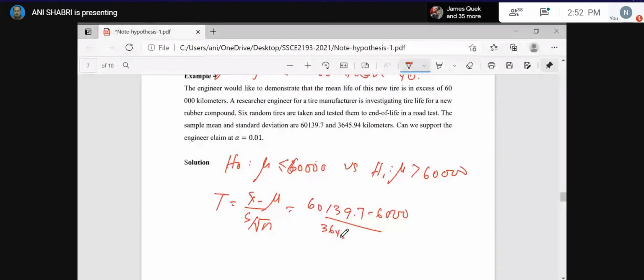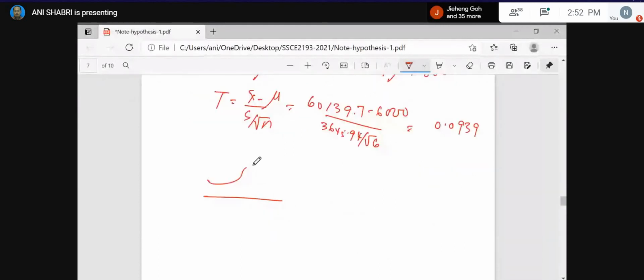After that, look at the region. The region is on the right using T. Alpha is 0.01, v is equal to 5. We get T is 3.4. From here, we accept H0.